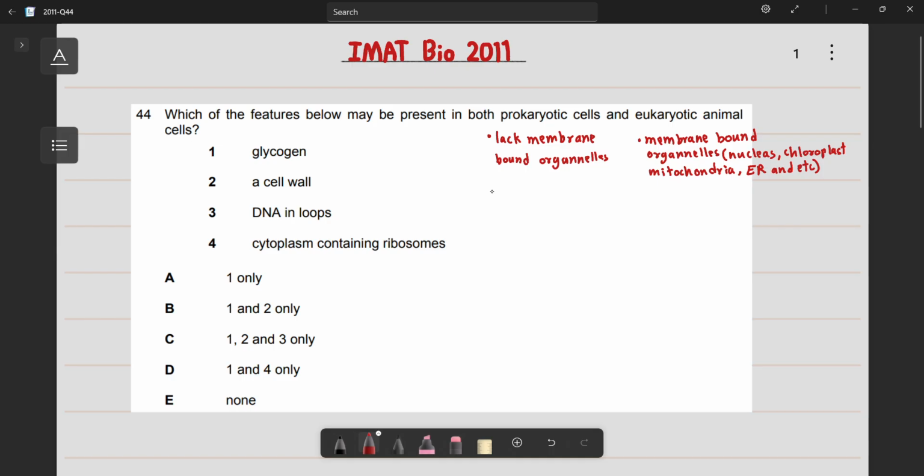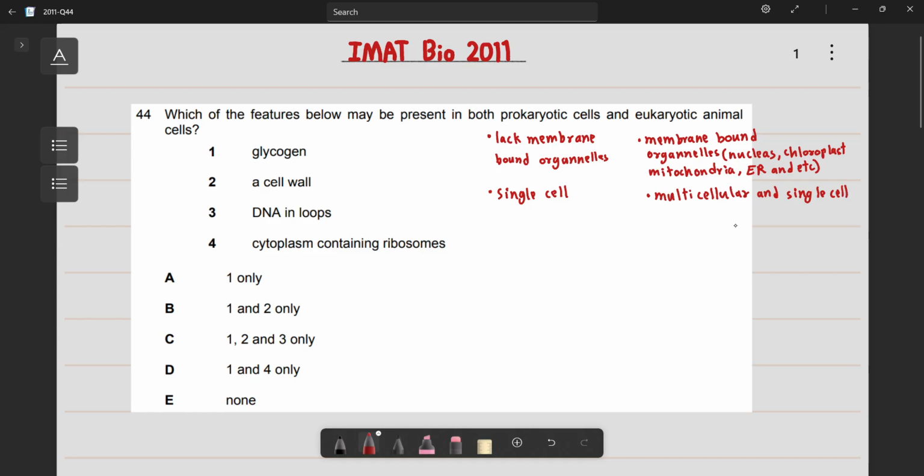The second one is that almost every prokaryotic organism is a single cell organism. All prokaryotic organisms, including bacteria and archaea, are single cell. Whereas eukaryotes, some are multicellular and some are single cell.